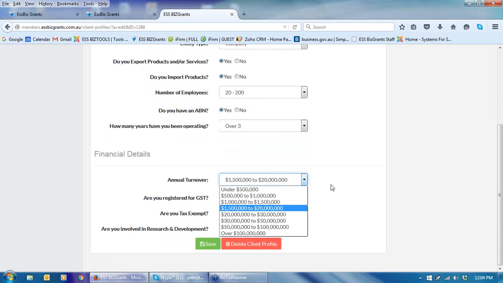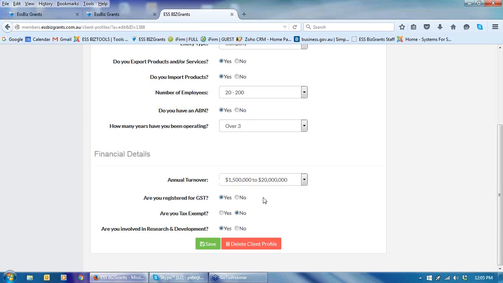The turnover is the next important question. There are a number of different bands of turnovers within the various grants. I told you before, this business, this mystical business, I hope it is anyhow. If not, my apologies if someone else has already got that business name. $3.2 million turnover falls in the $1.5 to $20 million turnover band that we have developed.